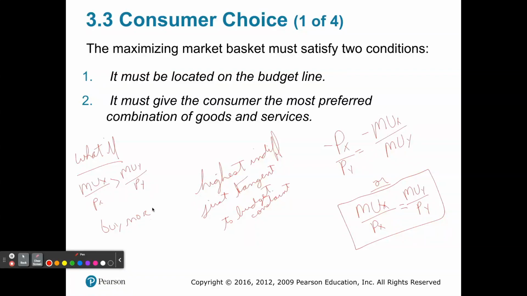Does the price change? No. Does the marginal utility change? Yes. So as you buy more of X, the marginal utility of X falls. And it falls and falls until the ratio is equal, back over here.